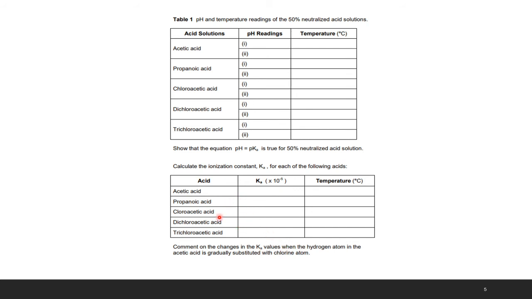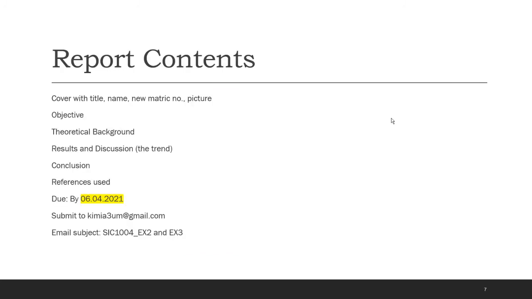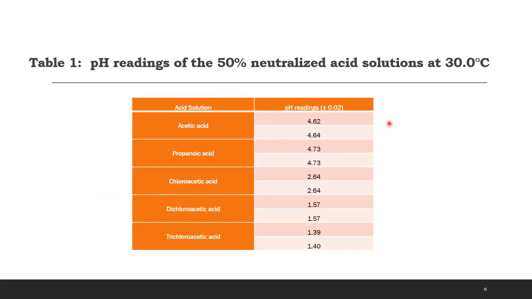As you substitute hydrogen with chlorine, explain what's going on and how that affects the Ka values. That's very straightforward. So prove this, get these values, and report on the trend. These are the values from the data of a student.